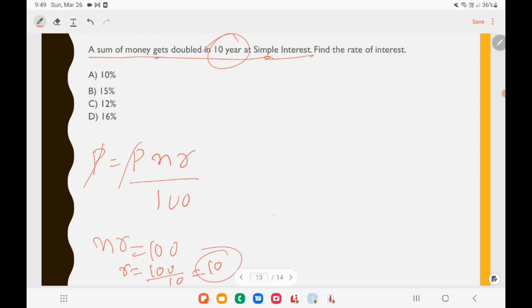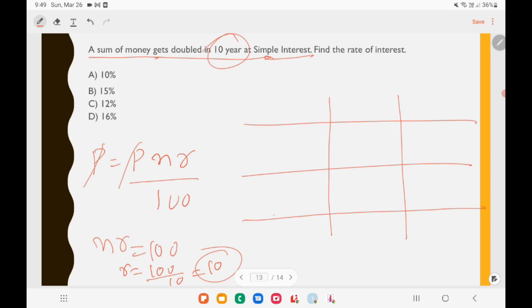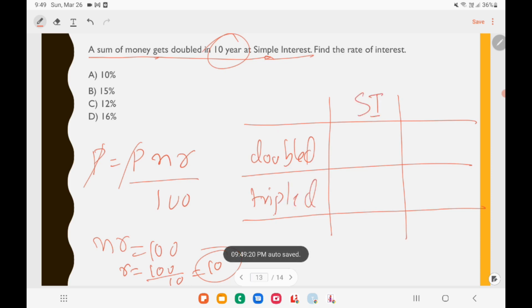I'm just drawing a table here. You can have questions like money getting doubled or money getting tripled, and the same question can be in simple interest or compound interest. That is, a sum of money gets doubled at simple interest, or a sum of money gets doubled at compound interest, or a sum of money gets tripled at compound interest, or tripled at simple interest.